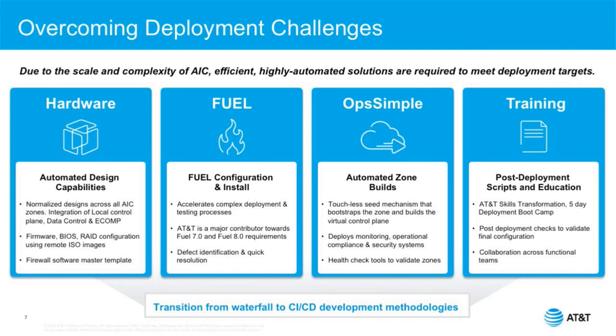And we also take very seriously the training on the tools we develop, to educate our team as a part of our AT&T skills transformation. We also organized several boot camps to talk about the deployments we run into, how to use the tools and how to develop them.